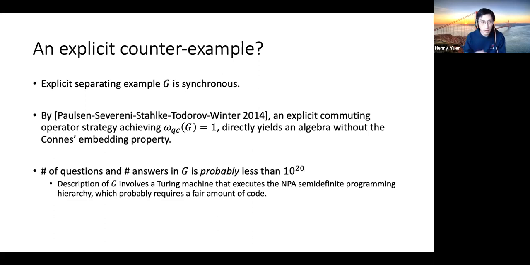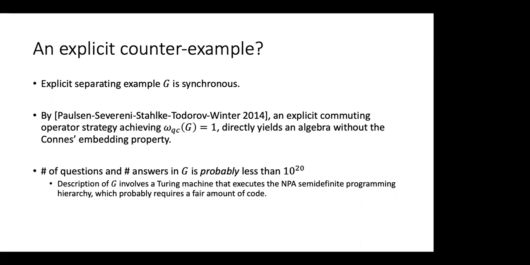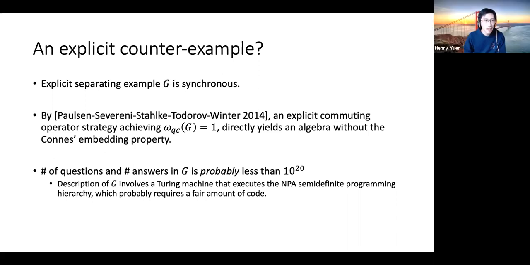Some people have asked me, well, this explicit game that we come up with, how big is it? How many questions and how many answers? Well, it's probably less than 10 to the 20. We didn't try super hard to do an accounting, because the description of the game is rather complicated. It involves a Turing machine that executes this NPA semi-definite programming hierarchy that I described earlier.